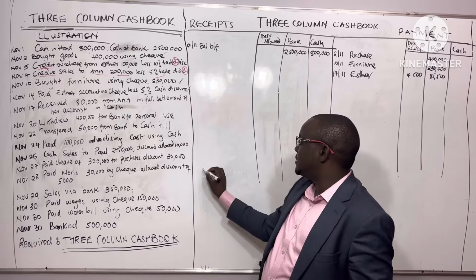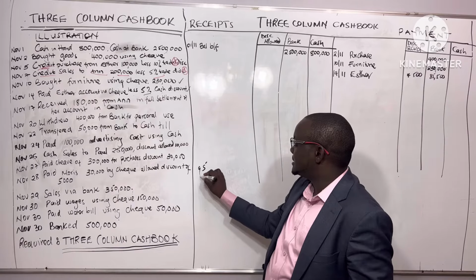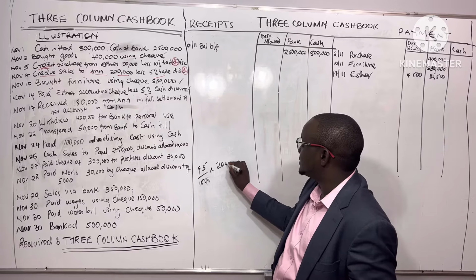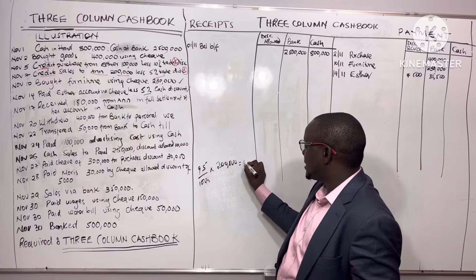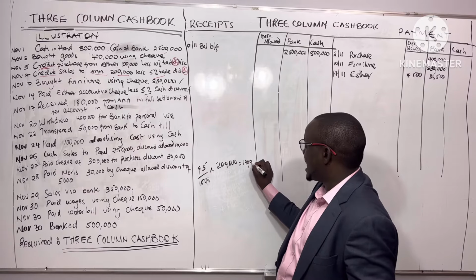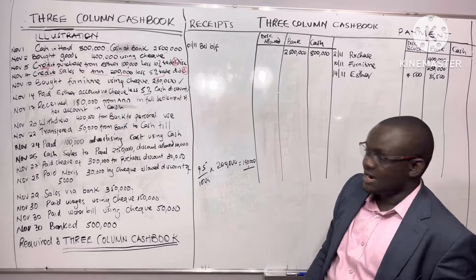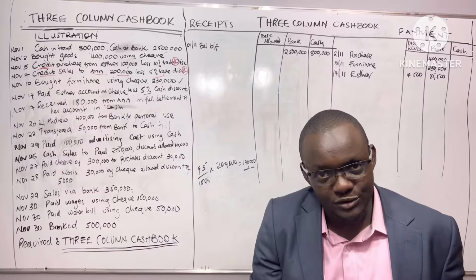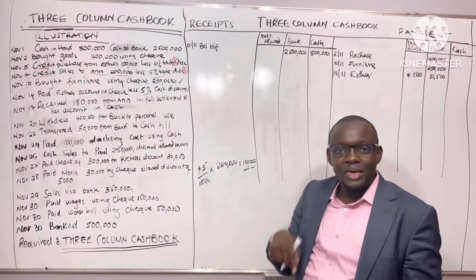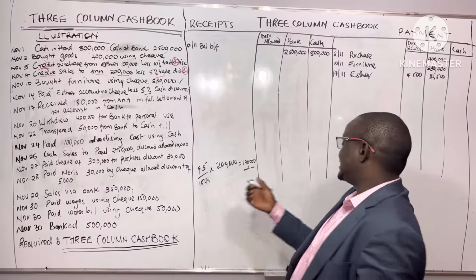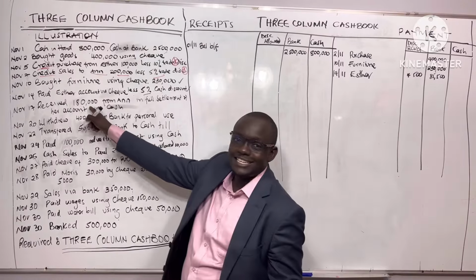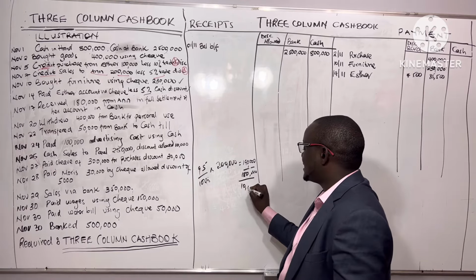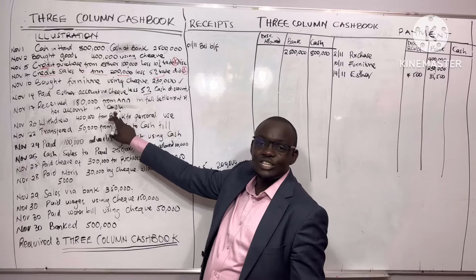She was to pay 95% times 200,000, which is 190,000. Because at the time she negotiated for the goods she was given a discount, now that she is paying, she has been told she can pay less. So now we are receiving 180,000. That means the difference of 10,000 is cash discount.